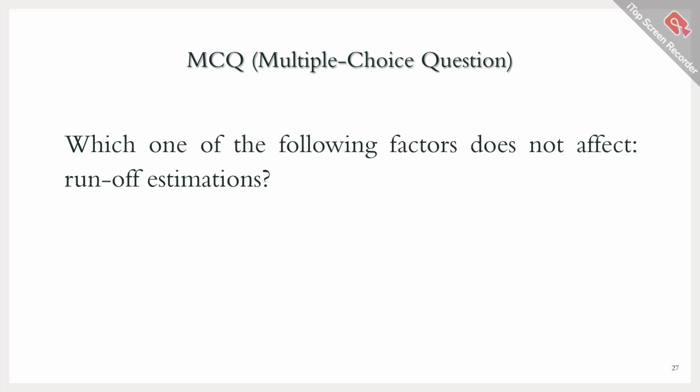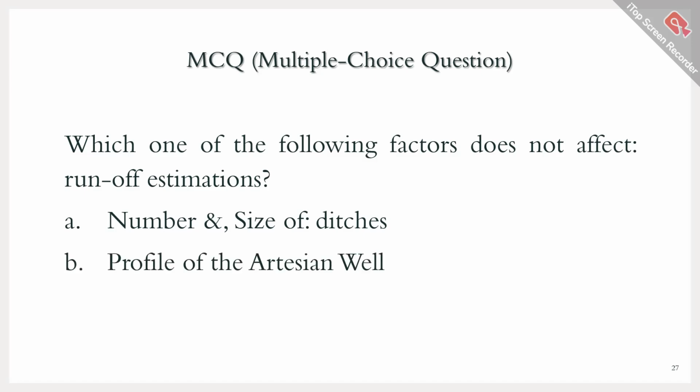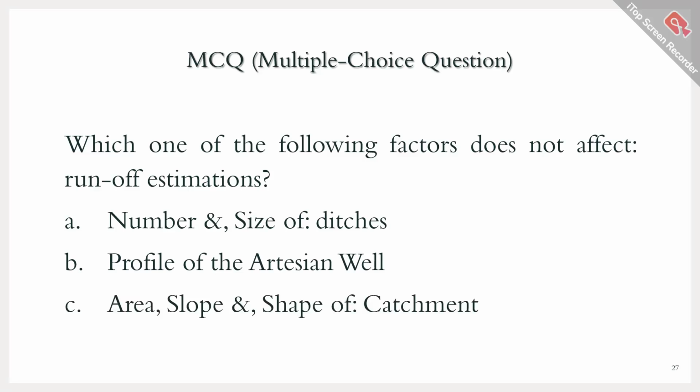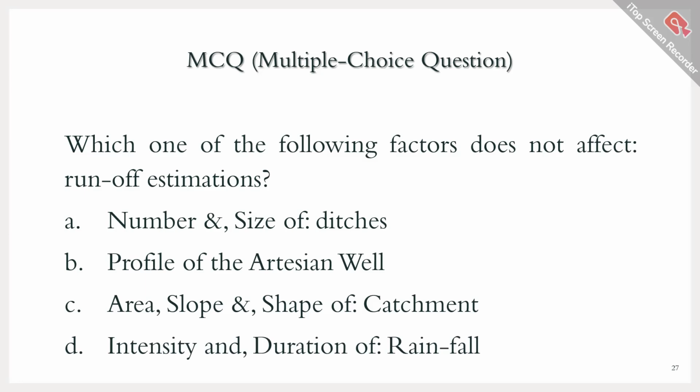Now we'll move on to our next MCQ. Which one of the following factors does not affect runoff estimations? Option A is number and size of ditches. Option B is profile of artesian well. Option C is area, slope, and shape of the catchment. Option D is intensity and duration of the rainfall.